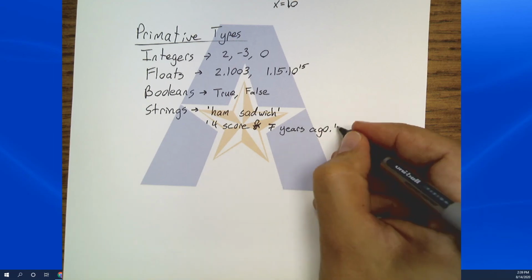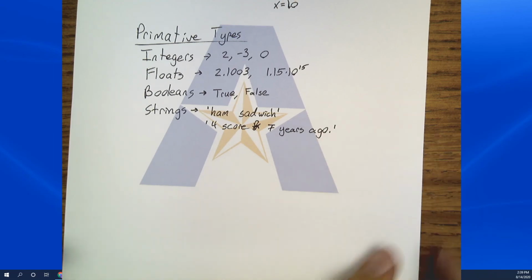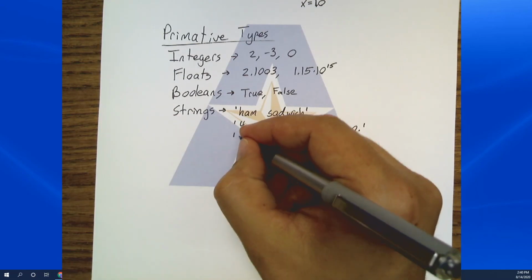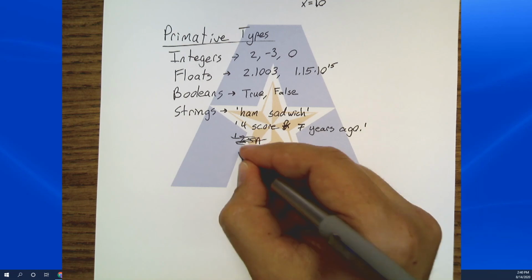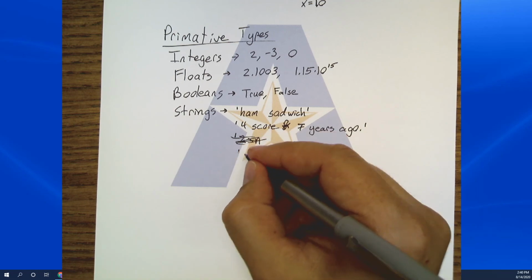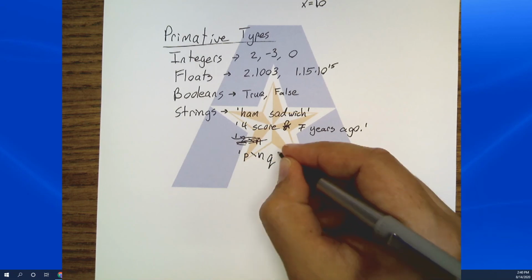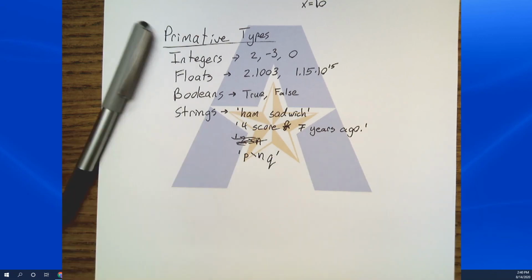Right? And it can even contain, like I suggested, special characters. So one special character is a \n. So if you do p\nq, next time we'll try this and we'll see what happens.